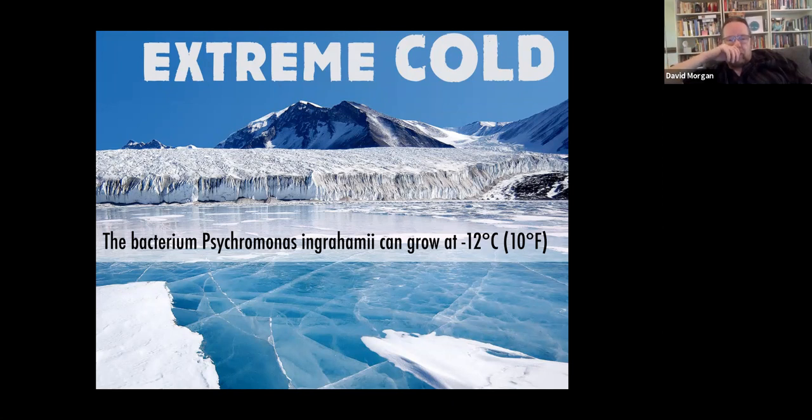This bacterium, Psychromonas ingrami, can grow at temperatures as cold as those often found on Mars, 10 degrees Fahrenheit. Organisms that can withstand extreme cold are called psychrophiles, from Psychro, the Greek root word for cold.